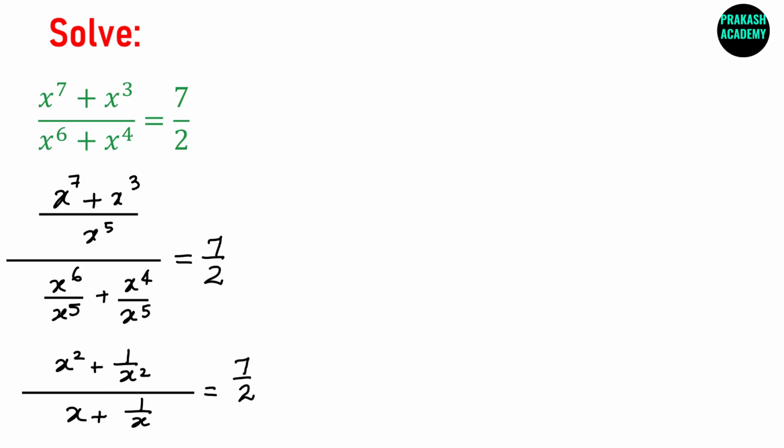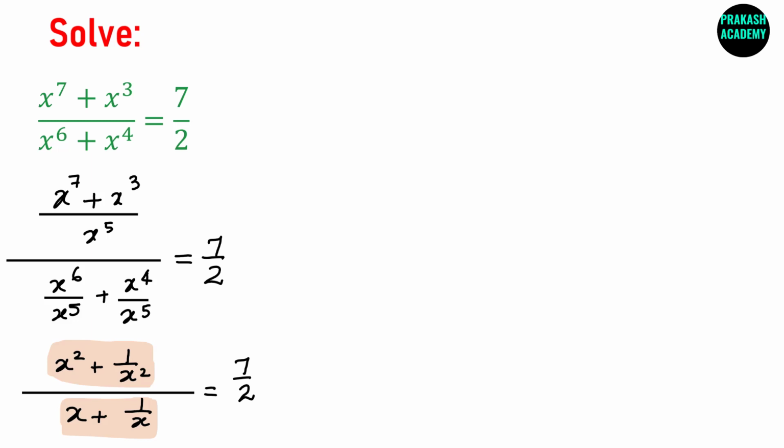Now you can understand why I divided by x^5. Because you have x square and 1 by x square, and you have x and 1 by x. Not only this, you can express the numerator, that is x square plus 1 by x square, in terms of the denominator, that is x plus 1 by x.